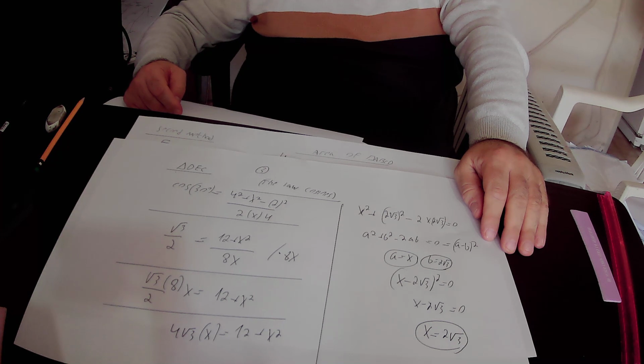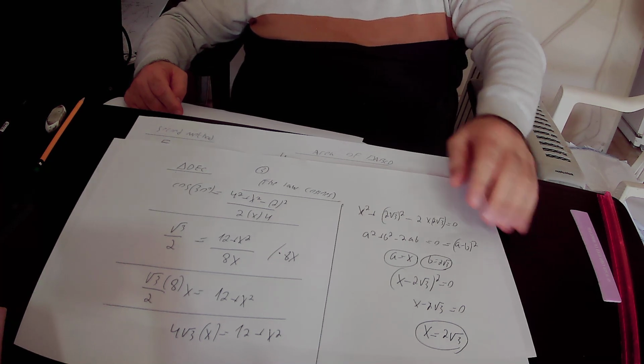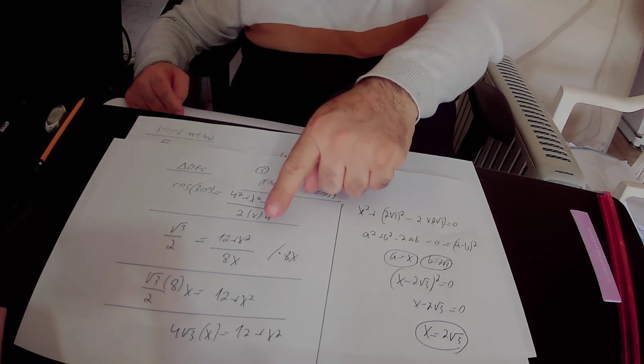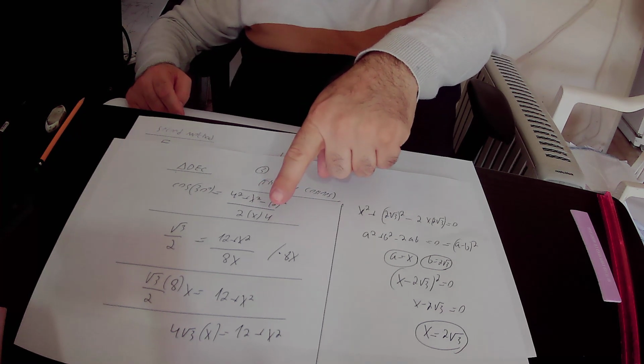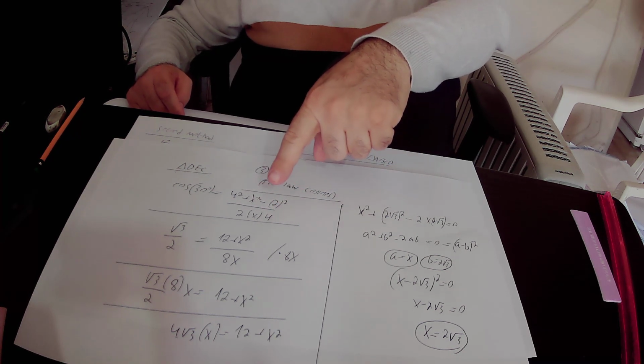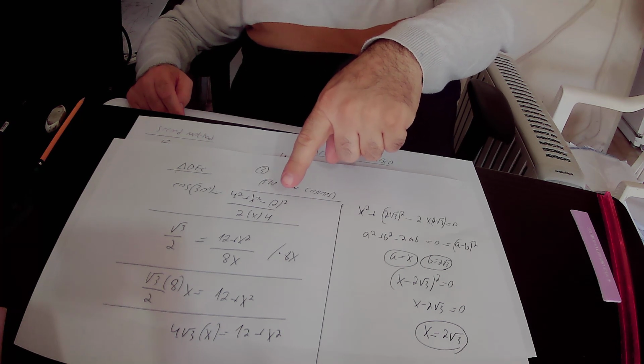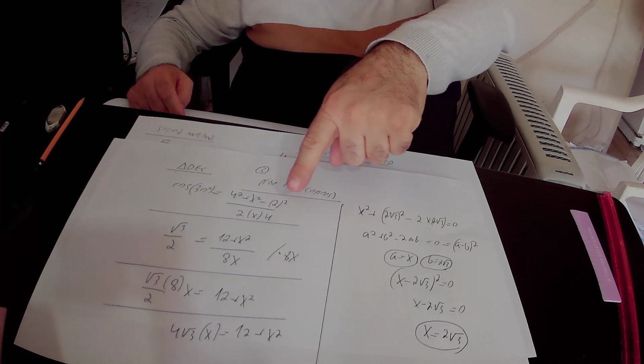Then cosine 30 degrees is equal to root 3 over 2. 4 squared is 16, minus 2 squared is 4, 16 minus 4 is 12. So in the numerator we have 12 plus x squared, and in the denominator we have 2 times 4 times x.